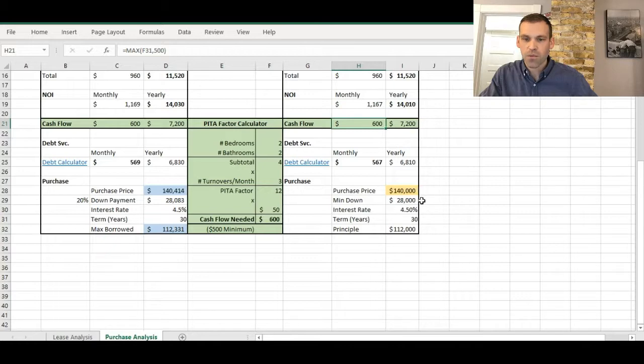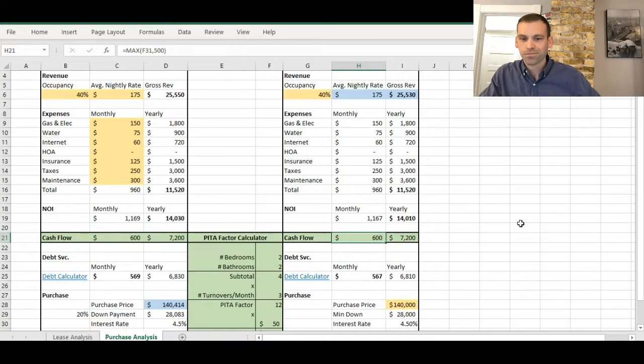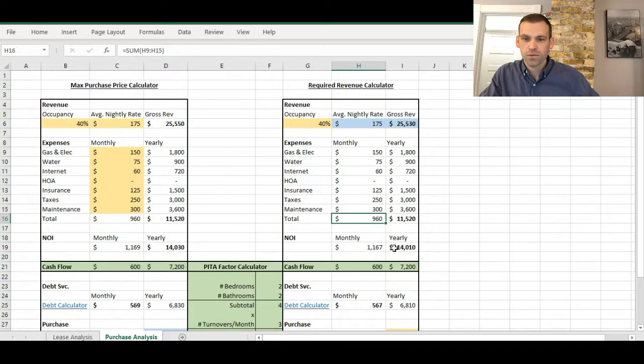There's the cash flow that I want in my pocket at the end of the month based on the PETA factor. Here's my monthly expenses. To pay all those numbers, we need to generate this much in revenue. I think I'm going to achieve 40% annual average occupancy. That tells me that I need to get an average nightly rate of $175.